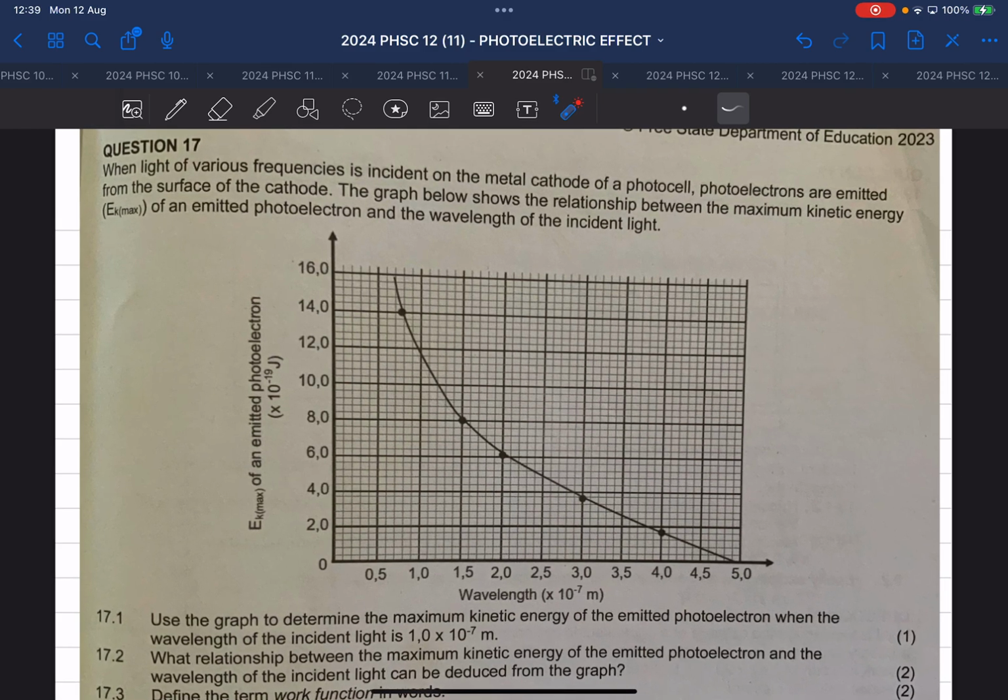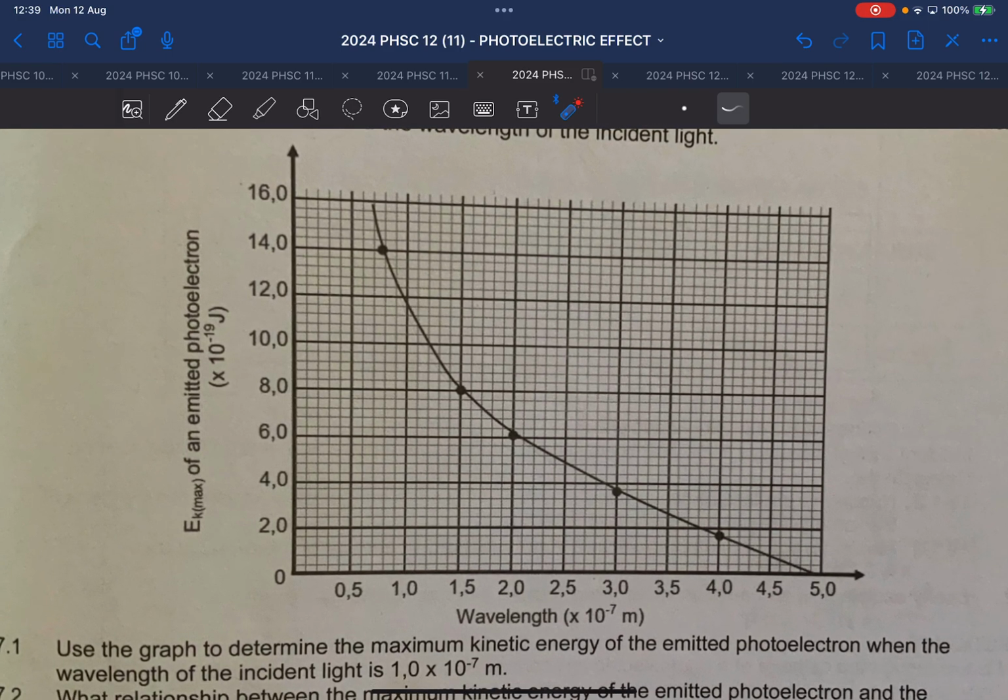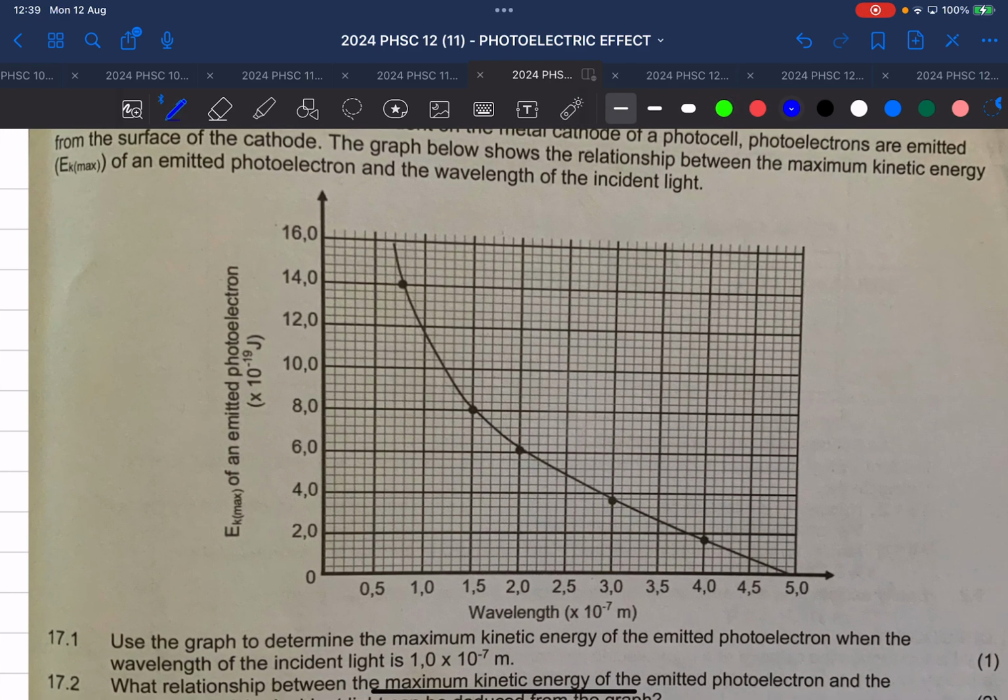Okay, now they tell you there that here you get the relationship between kinetic energy and wavelength. Wavelength, I haven't mentioned it once. In normal waves, we have v is equal to frequency times lambda, where v is the speed of a wave.